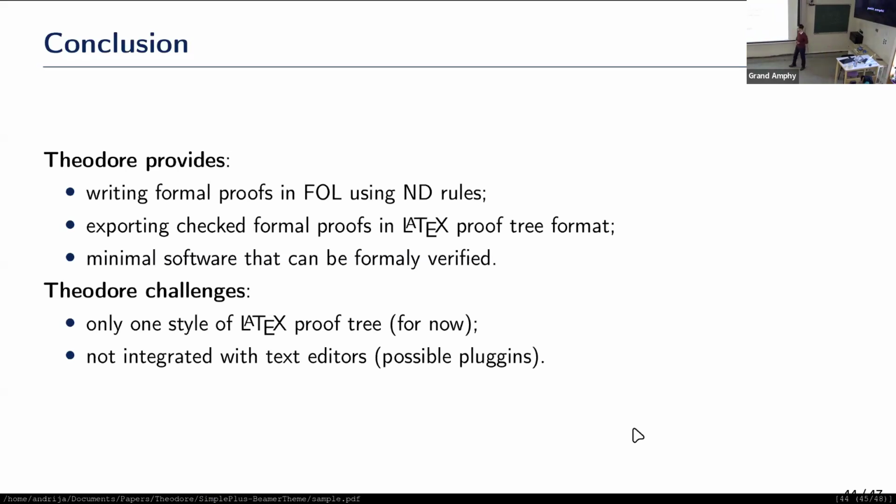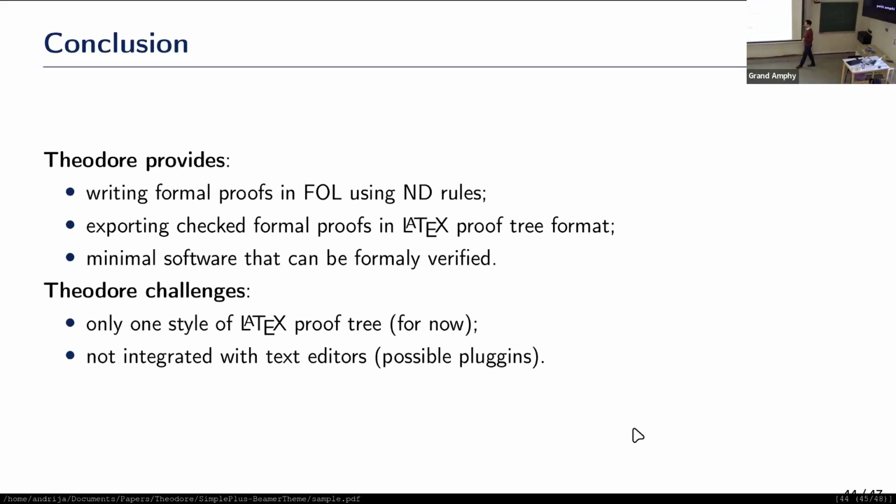What are some of the challenges? For now, we have just this one proof style. The goal is to make many more proof styles from what I showed at the beginning. Now it's very tedious to go into the interactive environment and then to the file and back and forth.